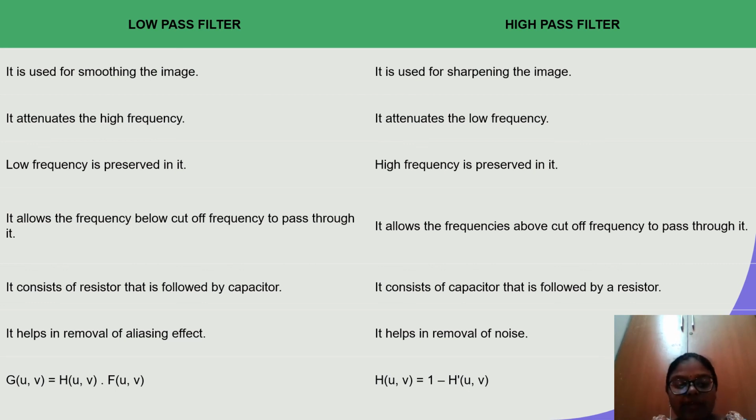It allows the frequency below the cutoff frequency to pass through; it allows the frequency above the cutoff frequency to pass through. It consists of resistors followed by a capacitor; it consists of capacitors followed by resistors. It helps in removal of the aliasing effect; it helps in removal of noise.